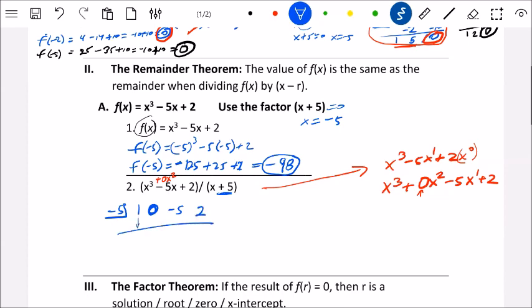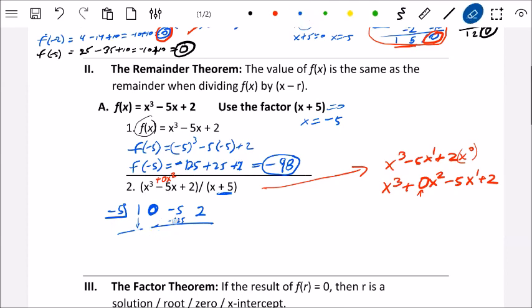So now bring the 1 down. Multiply, I get a negative 5. Add them, I get a negative 5. Multiply them, I get a 25. Add them, I get a 25. Multiply them, I get negative 125. And add them, I get negative 130. Oh, it's a positive. Why am I off here? Oh, I did not write a 1 here.